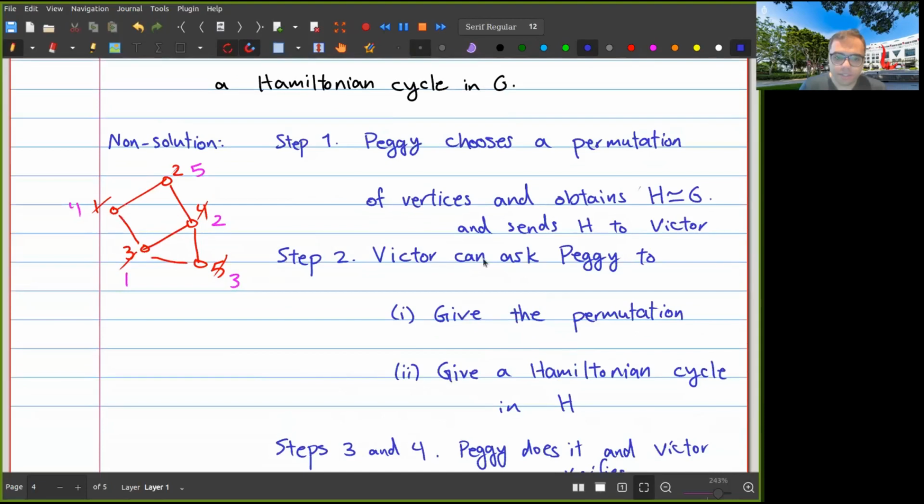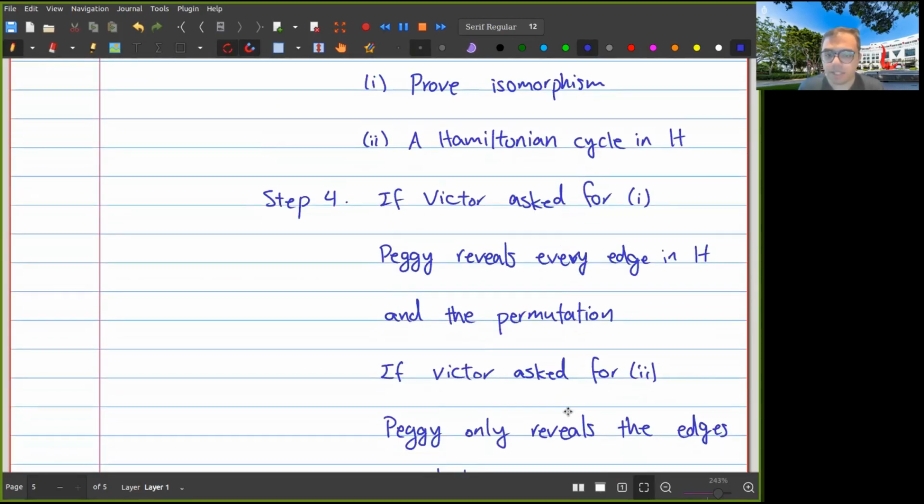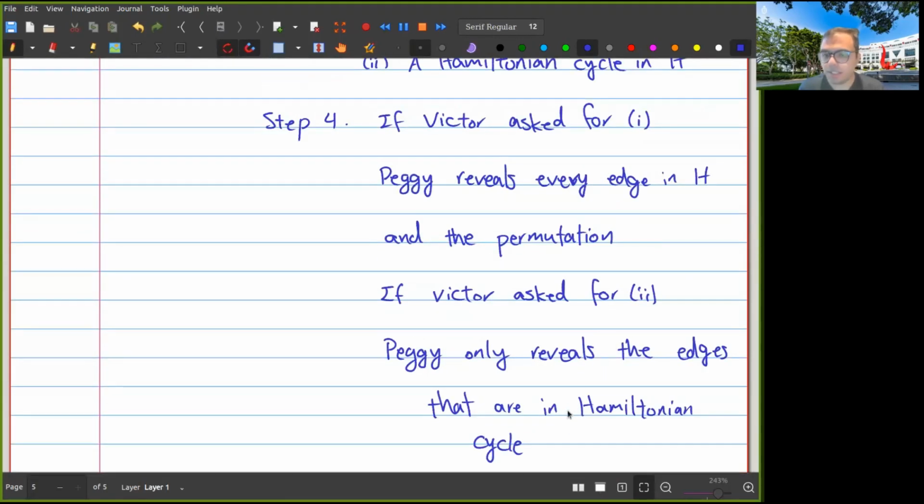Whereas here, previously, when I didn't have this kind of commitment scheme, if he asked for the Hamiltonian cycle, he got a Hamiltonian cycle, and he also knew the graph in which the Hamiltonian cycle was located. And this graph was isomorphic to the original graph, so that was some extra information that Victor was getting. Whereas here, when he's asking for the Hamiltonian cycle, he's basically just getting a random ordering of the vertices from 1 to n.